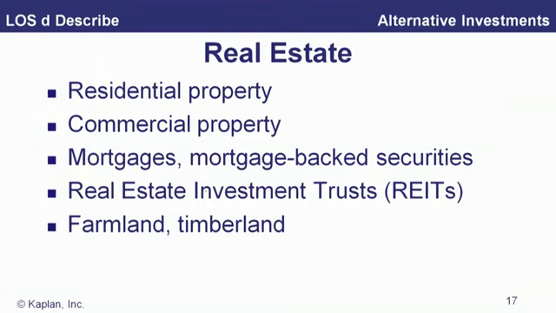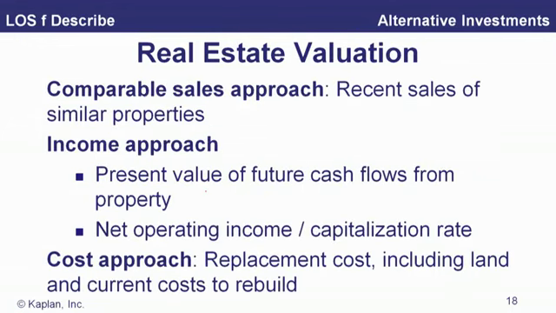Nice because they have some income on their own very often. In terms of valuing real estate, we can still talk about comparables. That's how they do the residential real estate. Let's look for similar properties in your area that sold recently, and we'll make certain adjustments for differences in individual properties, but that's basically the approach.